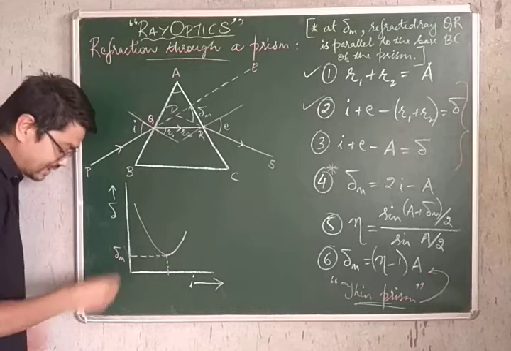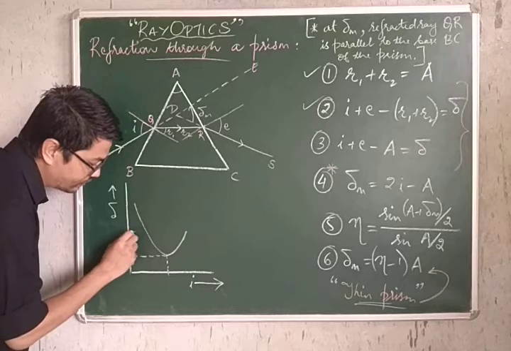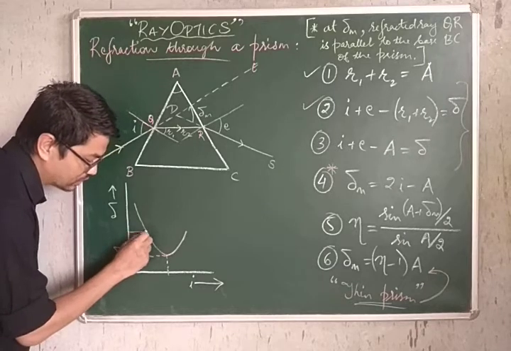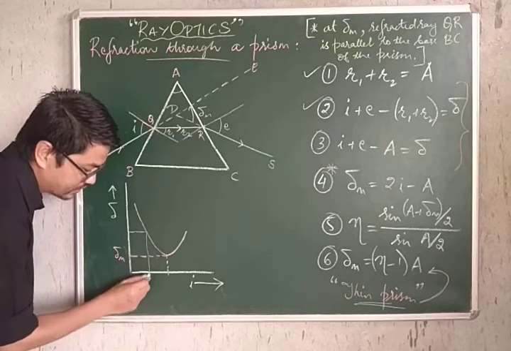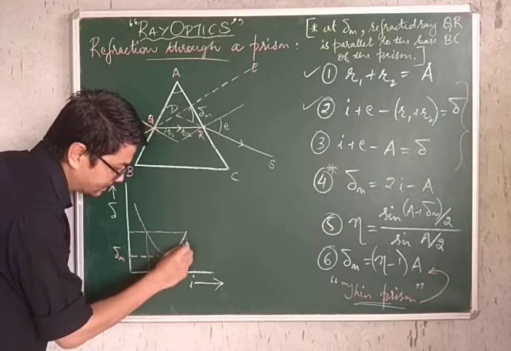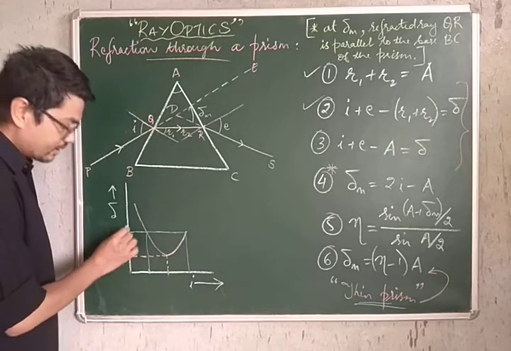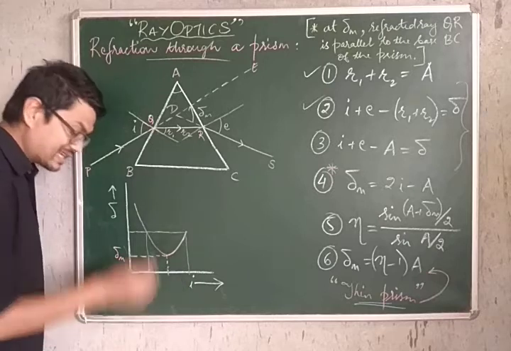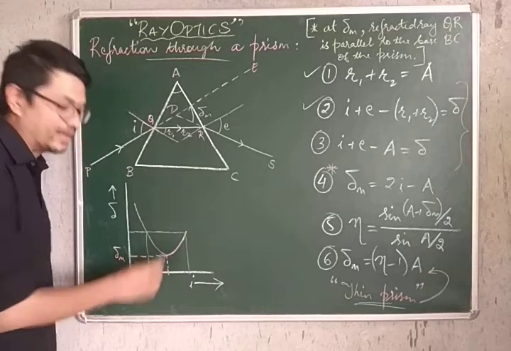Whereas for every other value of the angle of deviation, we get two values of the angle of incidence, one over here and the other over here. You can check at any other point. For any other value of the angle of deviation, we get two values of the angle of incidence, except for the case of minimum deviation, when we get only one value.